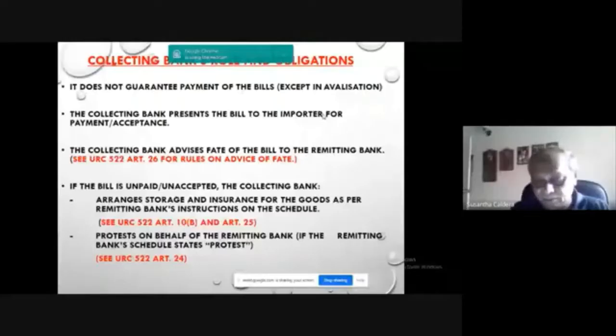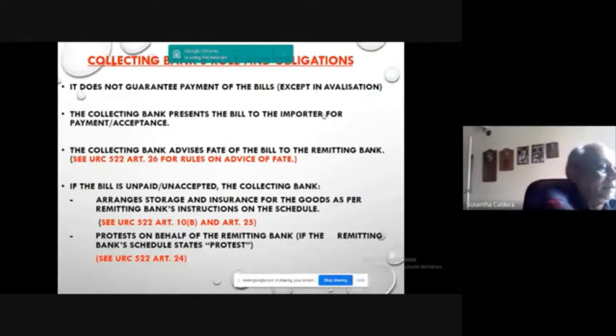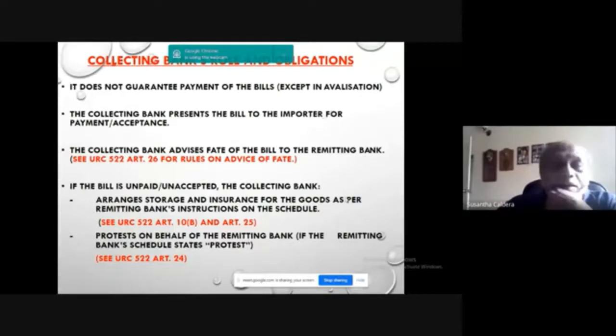The collecting bank advises the fate of the bill to the remitting bank.